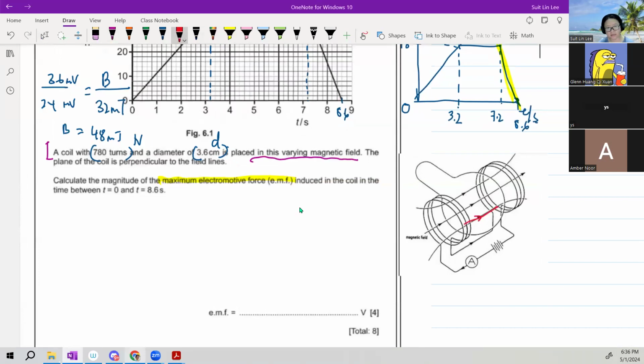Remember, this was your varying magnetic field. How do I know? Well, how do they vary the magnetic field? They change the current. Maybe I put a rheostat here or a variable resistor here. So vary I to vary B.